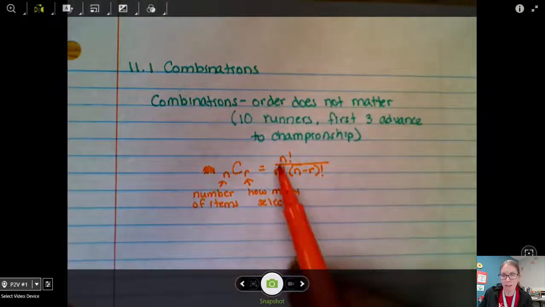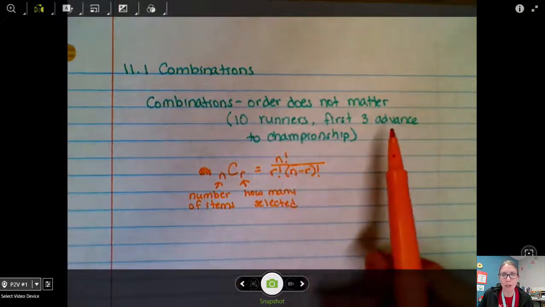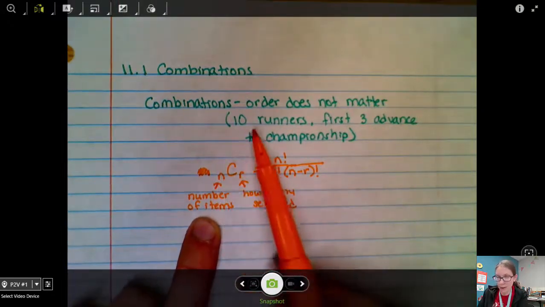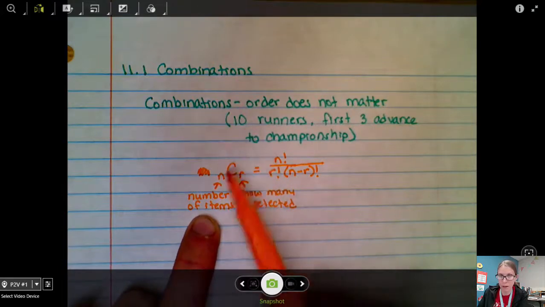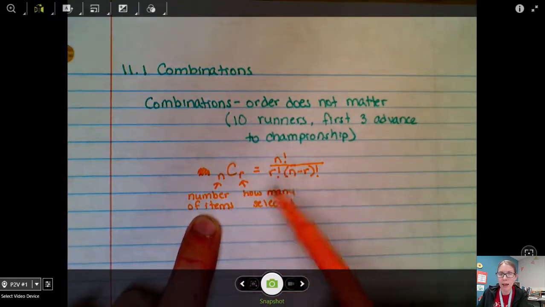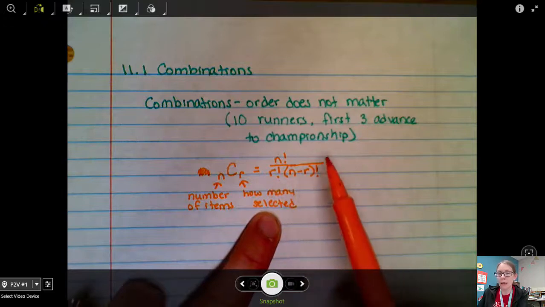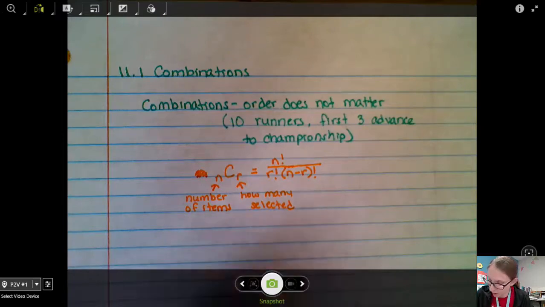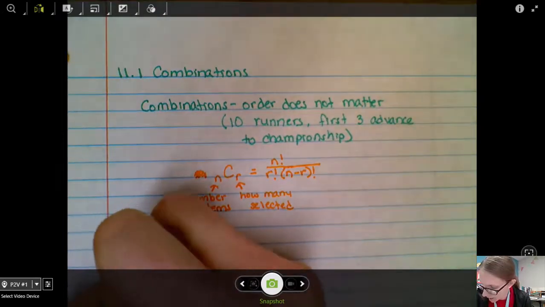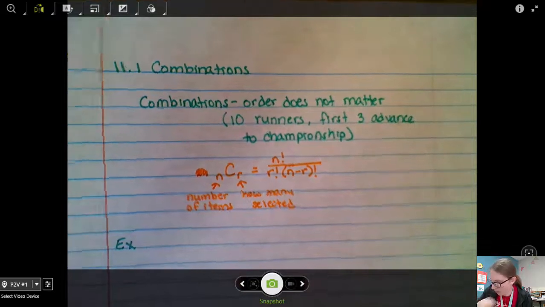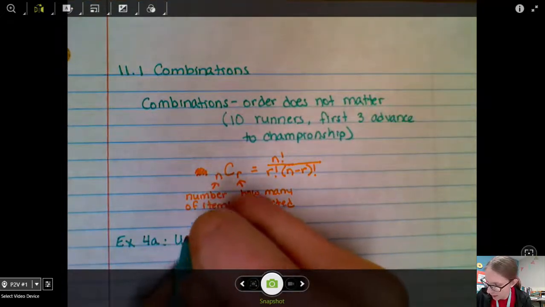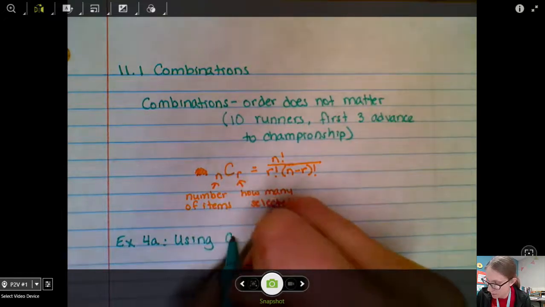So if you look at this example here, if we have 10 runners and the first 3 advance to the championship, n would be our 10 runners. Okay, we have 10 runners, so n is 10. And r, how many are selected? That would be 3 because the first 3 advance. So we can use this as example 4a with combinations using our combination formula.